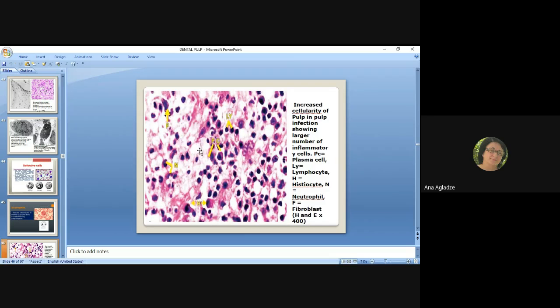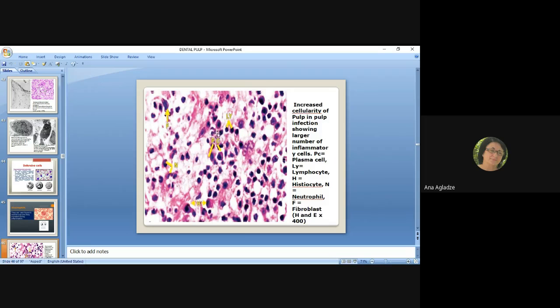Pulp infection shows a larger number of cells, and you can recognize the plasma cells, lymphocytes. You can see the neutrophils and fibroblasts.